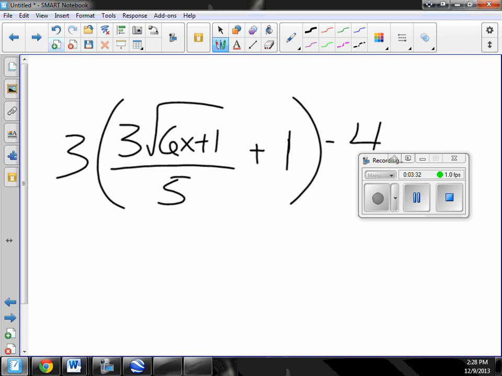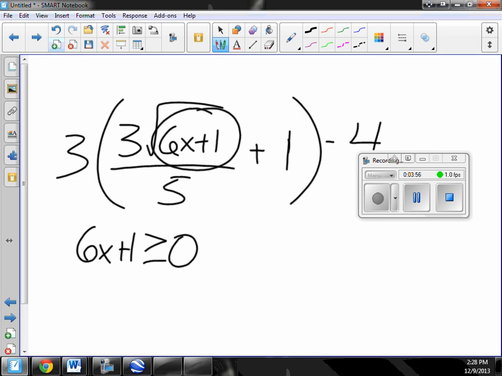Well, the only thing I care about is the square root of negative numbers. So I can ignore everything there except the square root. So if I look here, I want to know when is 6x plus 1 bigger than or equal to 0. As long as that's true, I'm okay.